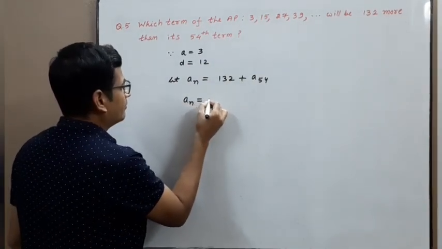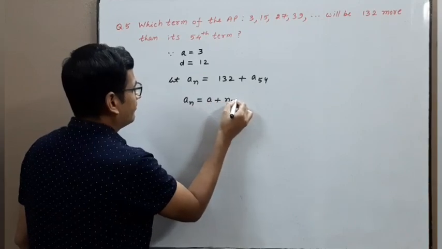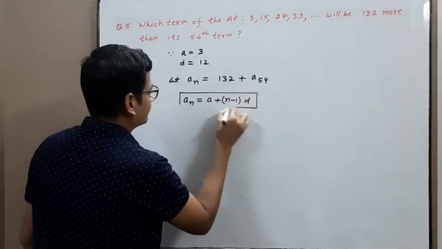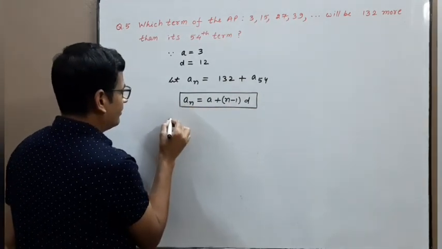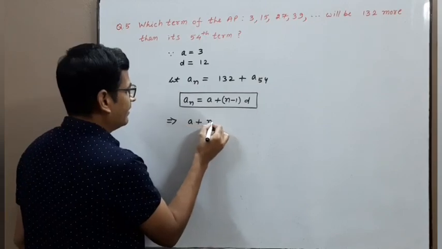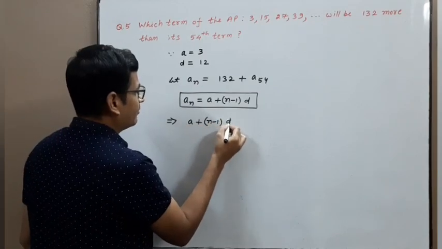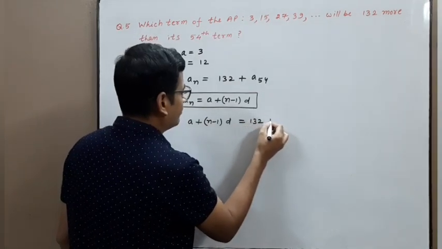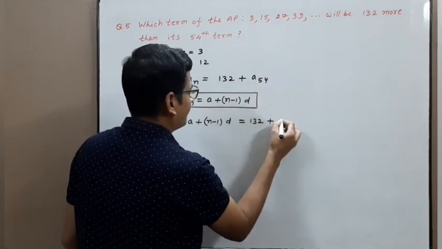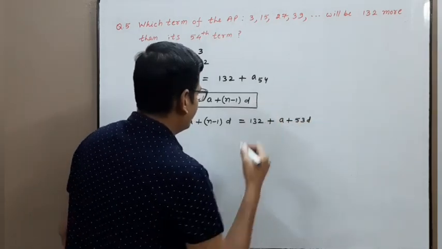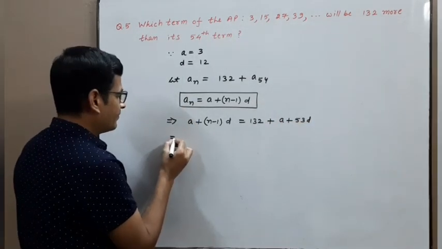An is equal to A plus n minus 1 into D. So now put all the values. In place of n, write A plus n minus 1 into D is equal to 132 plus A54, which means A plus 53D.